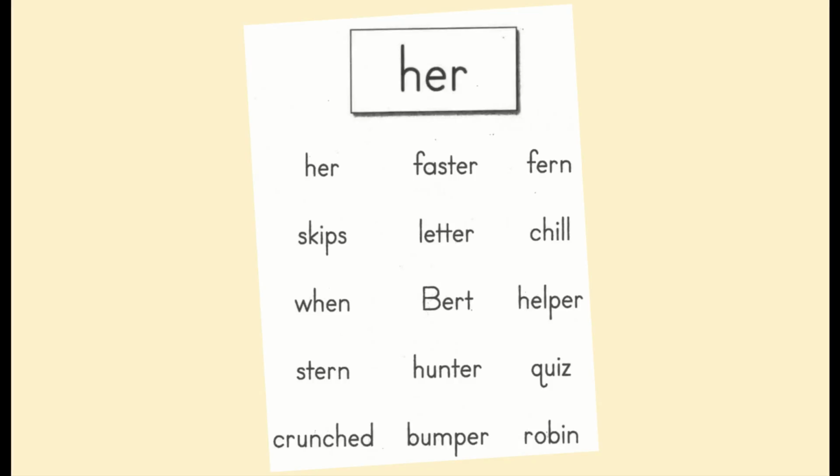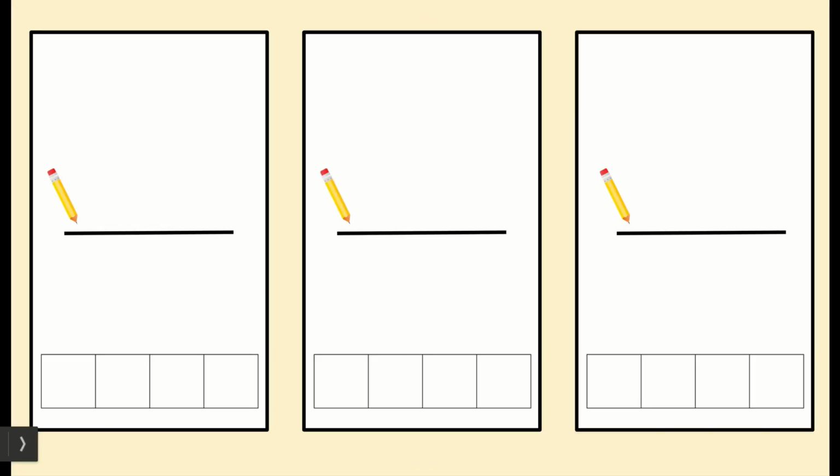L. What is the middle or the vowel sound in chill? I. What sound does stern start with? S. What sound does stern end with? N. What is the middle sound in the word stern? Er is the middle sound.